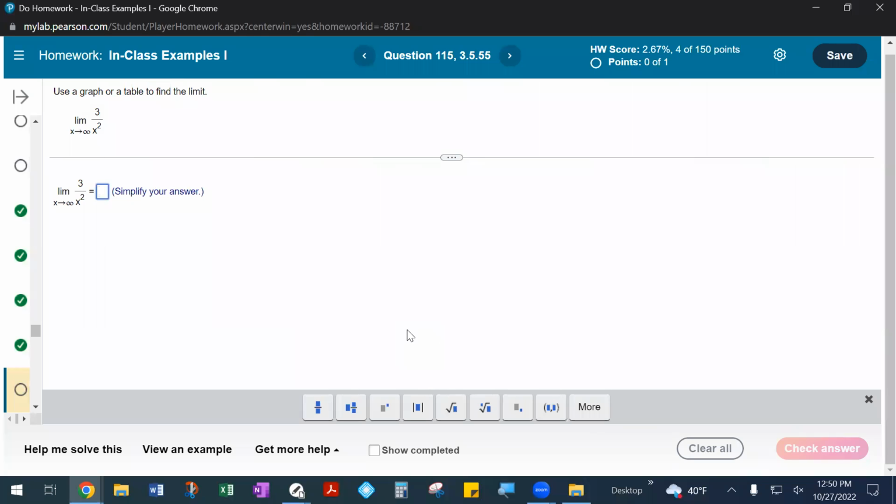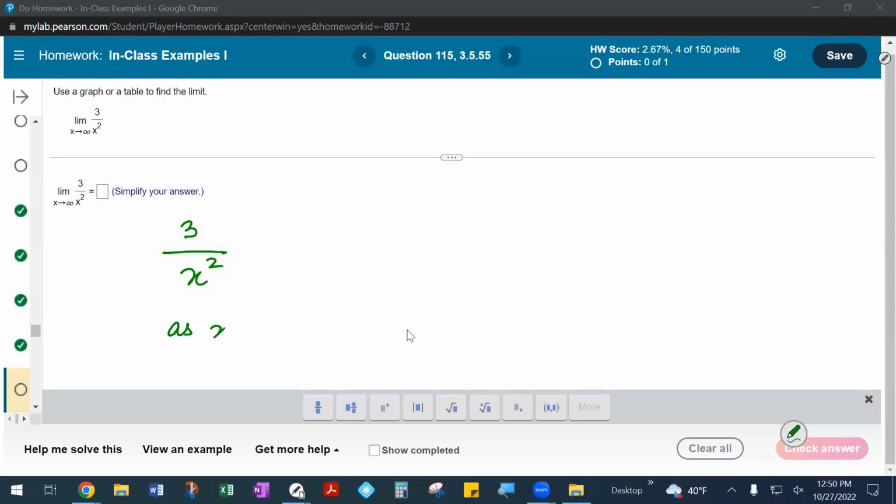Since you have 3 divided by x squared. As your x gets closer and closer to infinity, what will the entire expression get closer to? 0.